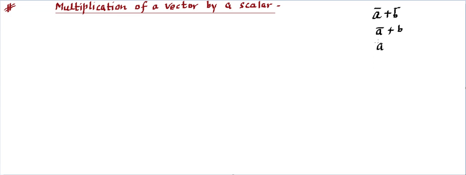Neither can we subtract a scalar from a vector. So we cannot do this kind of operation, but we can do this kind. In addition and subtraction, both the quantities involved should be either vectors or scalars, and in vector addition they must be vectors. However, in the case of multiplication, we can multiply two vectors as well as multiply a vector with a scalar.